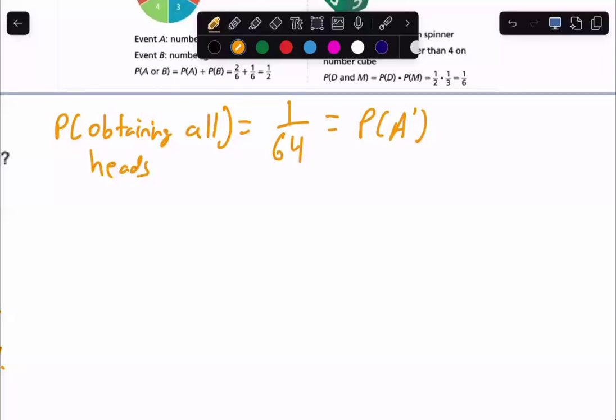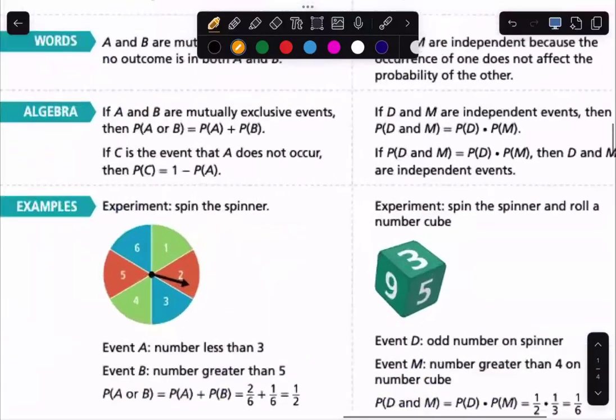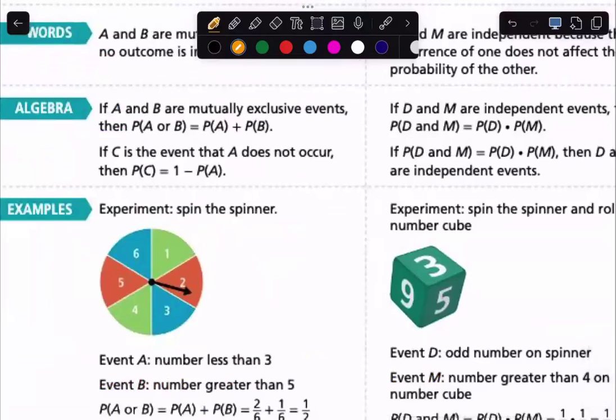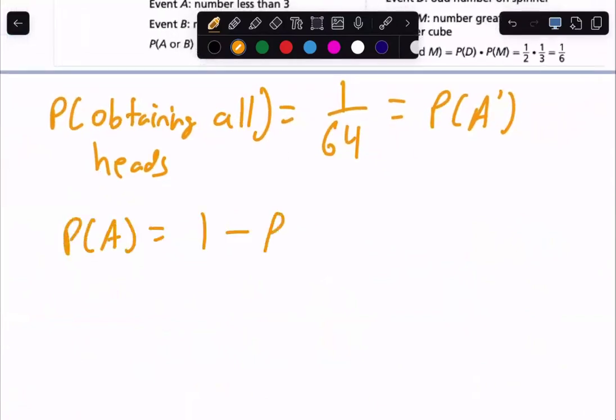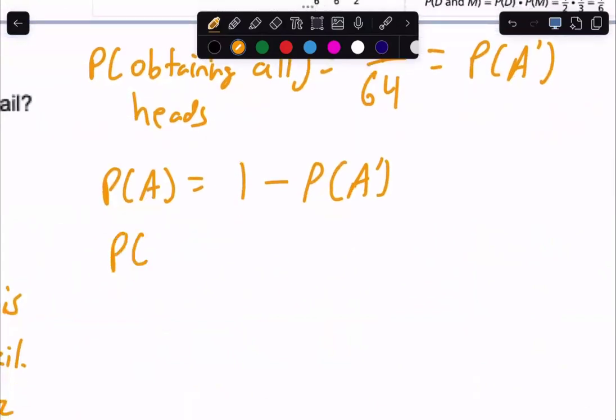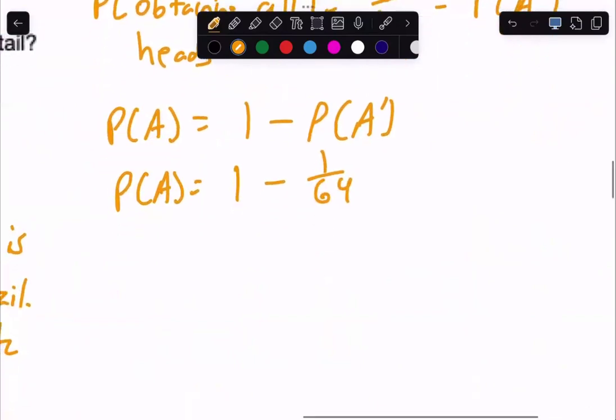Then we're going to use the formula that says if C is the event that A does not occur, then the probability of C is equal to 1 minus the probability of A. So the probability of A is equal to 1 minus the probability of A not. We just plug it in: 1 minus 1 out of 64.